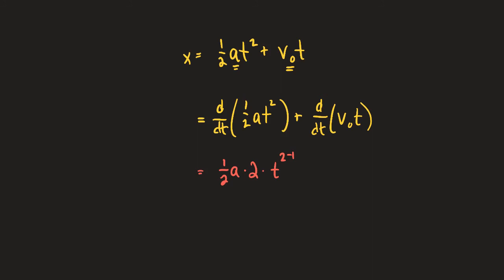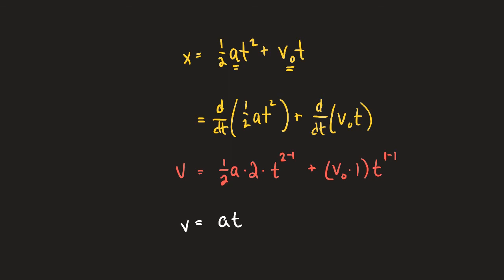Questions about that? Go on to the next term. I'm going to have v naught times 1 times t to the 1 minus 1. This should be the velocity. So when I clean it up, I'll get v equals 1/2 times 2 is just 1, so that's a.